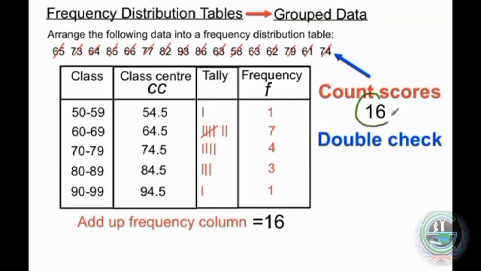If the count of the original scores agrees with the total of the frequency column, we should be confident that we've done everything correctly. So that's how we tally up and construct a frequency distribution table, this time with grouped data. We did find the class center each time, but we'll worry about that in future videos. So there we have it, frequency distribution tables using grouped data.